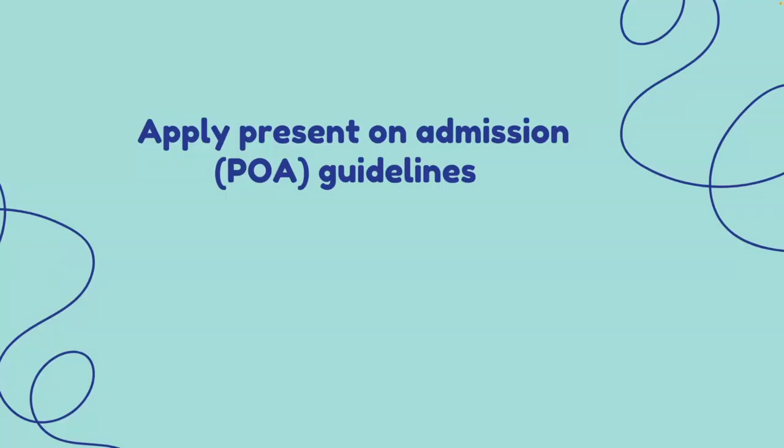And in the guidelines, it talks about the fact that conditions that develop during an outpatient encounter, including emergency department, observation, and outpatient surgery, are considered to be POA. The guidelines also talk about the fact that POA is only for inpatient. It goes on the principal diagnoses. It goes on the secondary diagnoses.